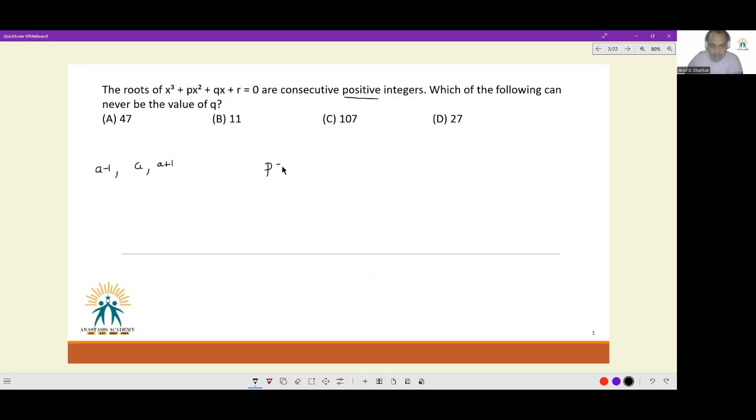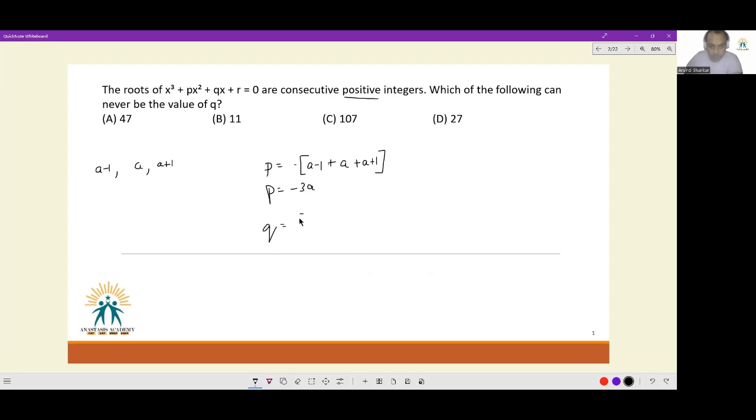Now, p is equal to negative sum of roots. So, minus a minus 1 minus a minus a plus 1, or p is equal to minus 3a.